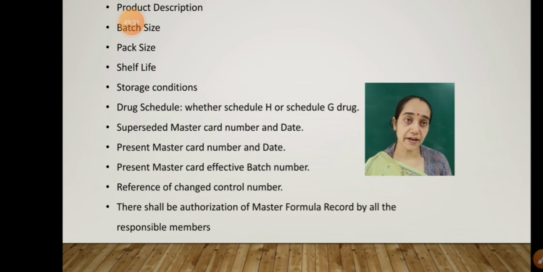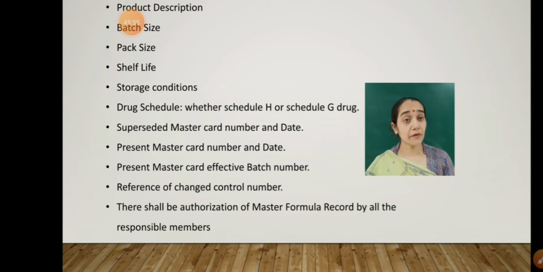The first page of all the master formula record sections, the packaging section as well as the manufacturing section, will contain all this information, and the superseded master card number and date, present master card, effective batch number, and reference of the change control.